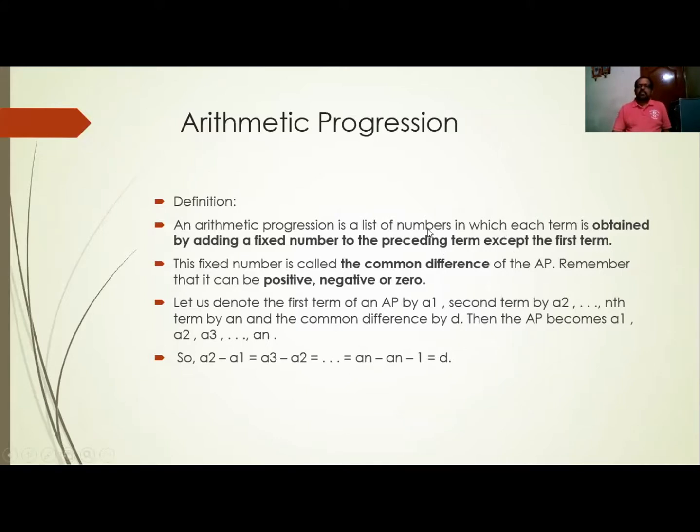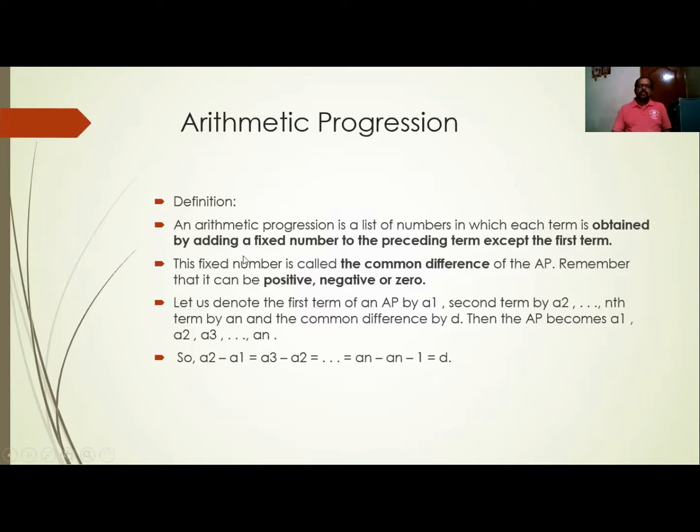That list of numbers is said to form an arithmetic progression. Clear? So this is the definition of arithmetic progression.